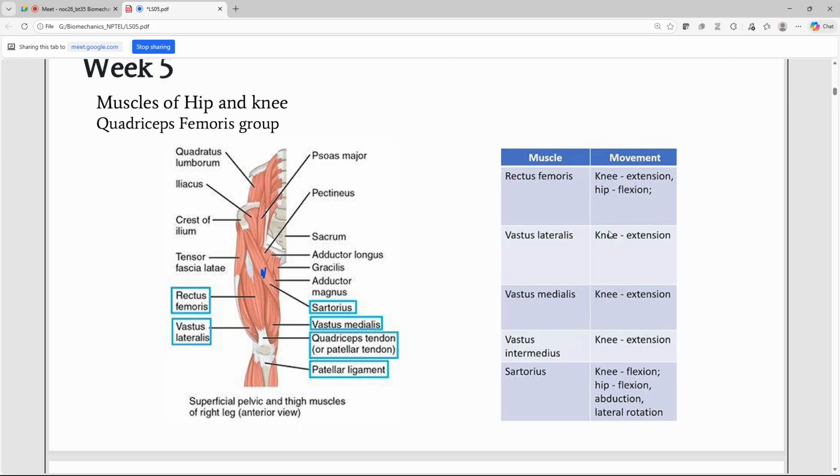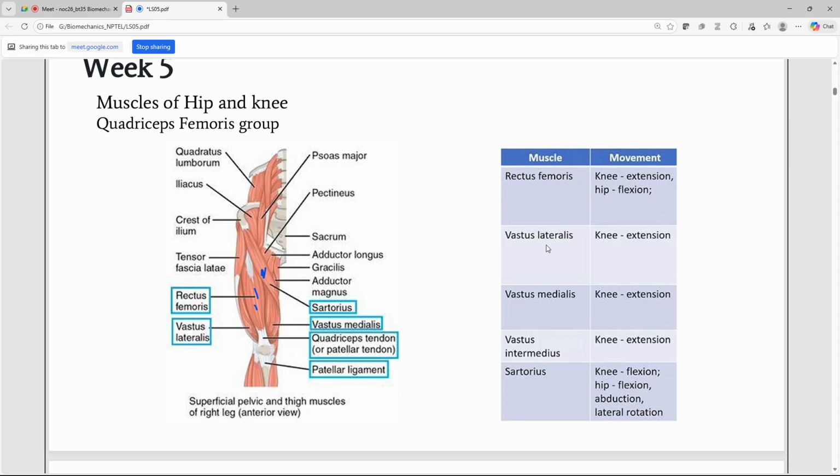So here I have given a set of muscles and the movements they are responsible for. Rectus femoris, this is the large muscle. It helps in knee extension and hip flexion.